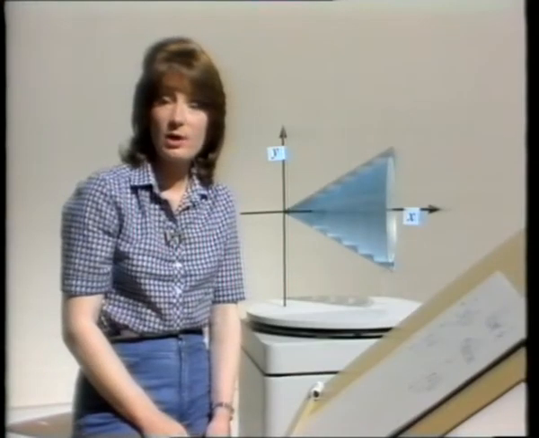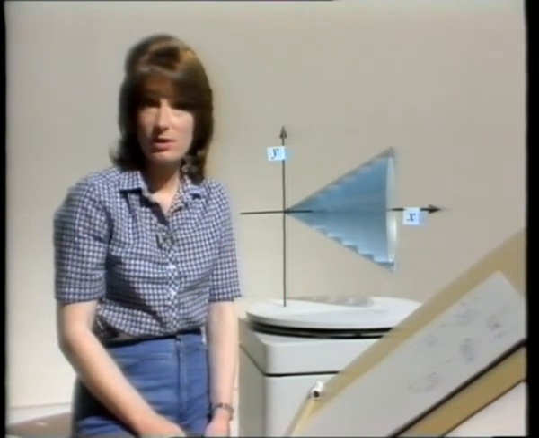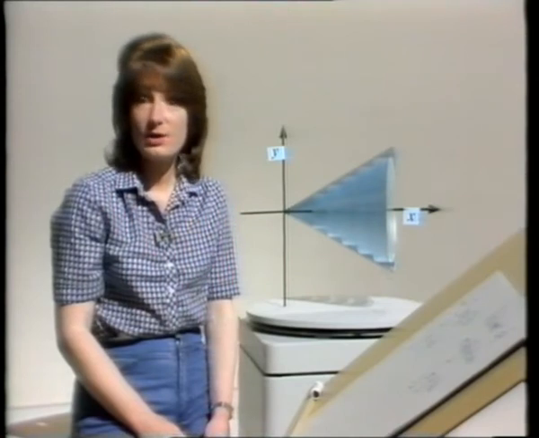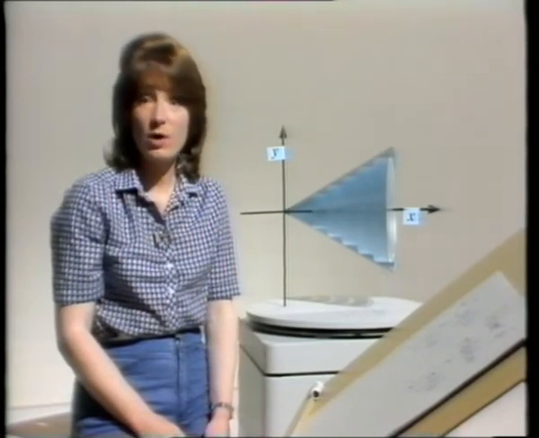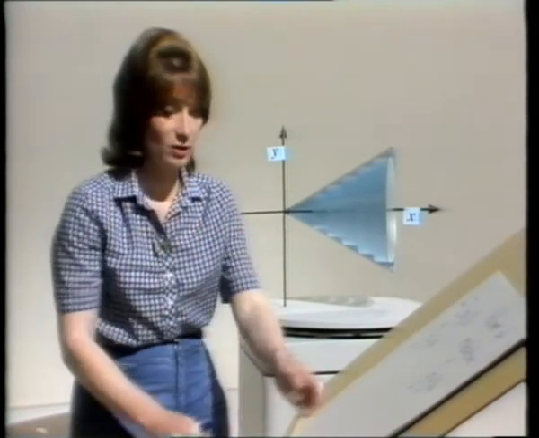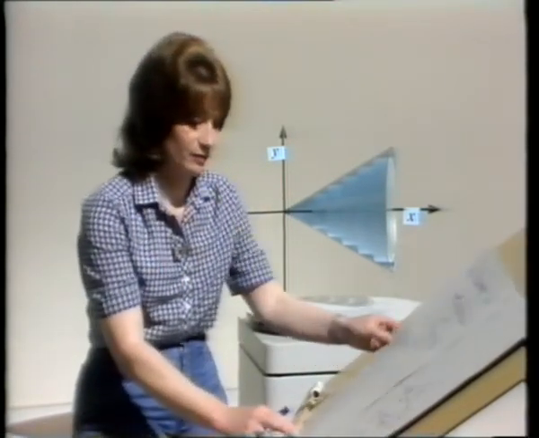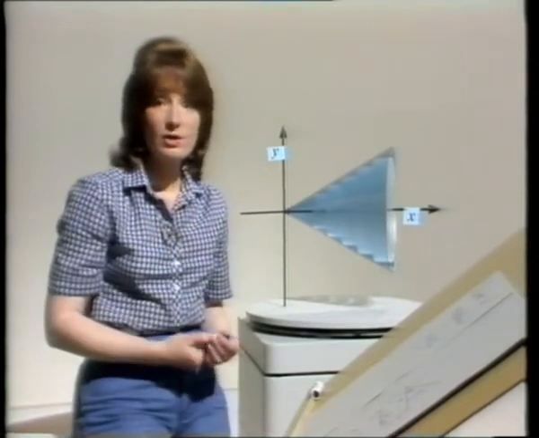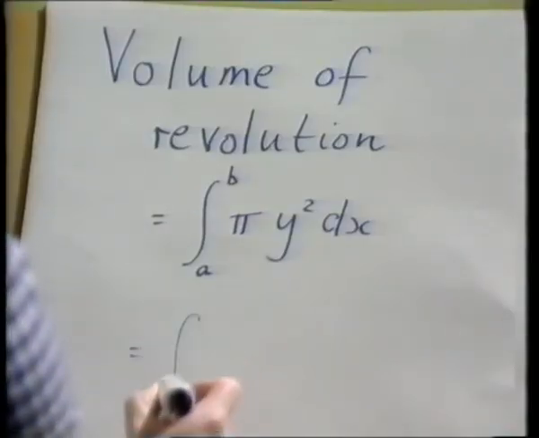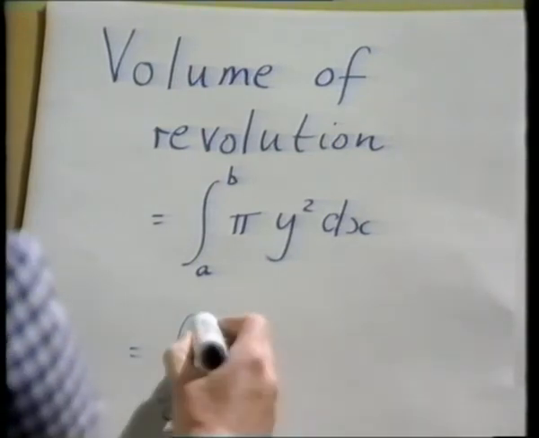To use this formula, I have to do two things. First, I have to put in the appropriate limits of integration, and second, I have to put in what y is in terms of x. So let's do that for the cone. First, the correct limits are from 0 to the height of the cone, h.